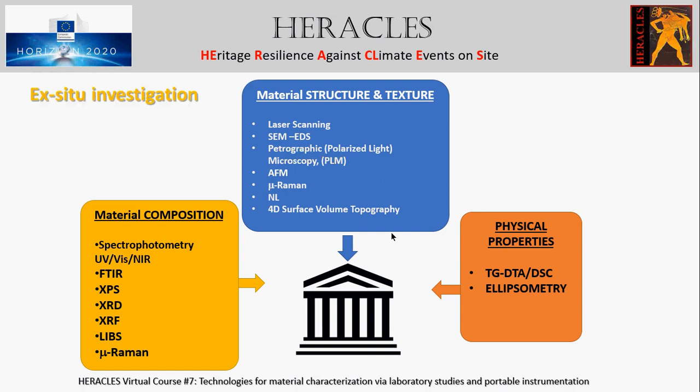For the surface volume topography, using a laboratory instrument, relies on spectral and scanning white light interferometry and is devoted to measure the topology of the surface and its variation over time. When studying physical properties, thermogravimetry, differential thermal analysis, and differential scanning calorimetry are also possible to be used.